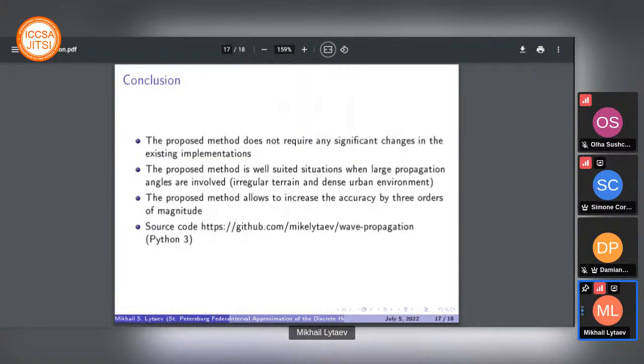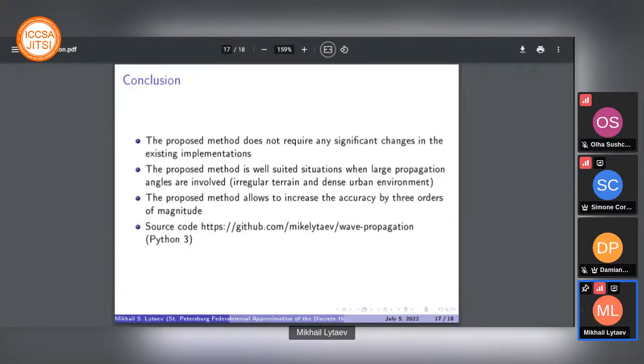The proposed method doesn't require any significant changes in the existing program implementations of the finite difference method because it differs from the existing Pade method only in coefficients. In addition, the proposed method inherits the advantages of the finite difference method associated with efficient modeling of transparent boundary condition.